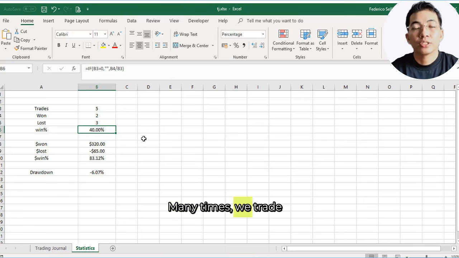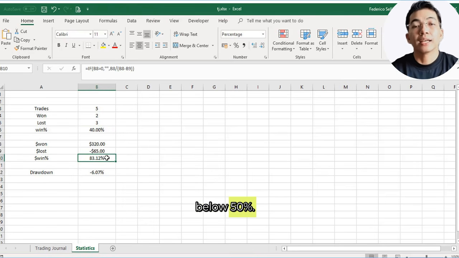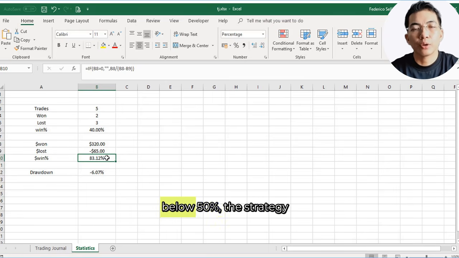Many times we trade with a risk to reward ratio that is better than 1 to 1, so we could have a profit even with a percentage that is below 50%. That's why I created this win percentage with the money we win or lose. If this one is above 50%, the strategy is profitable. If this percentage is below 50%, the strategy is not profitable. Simple as that.